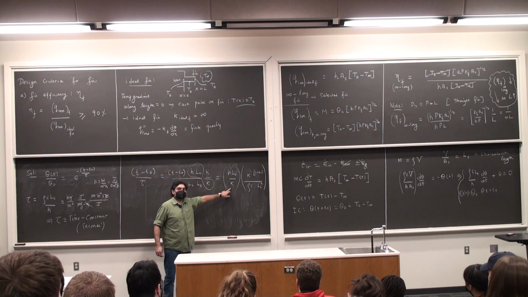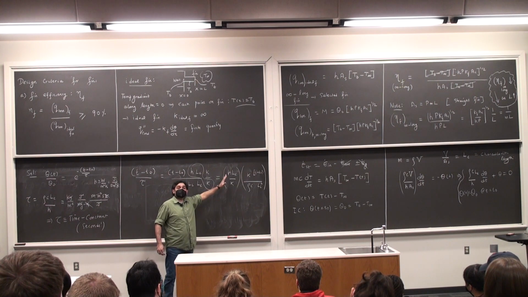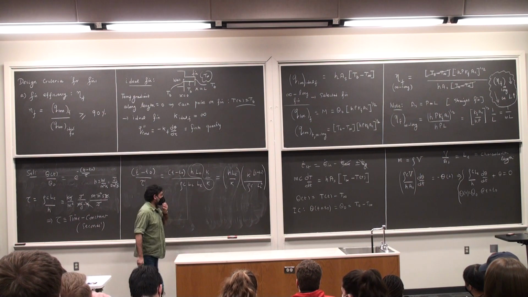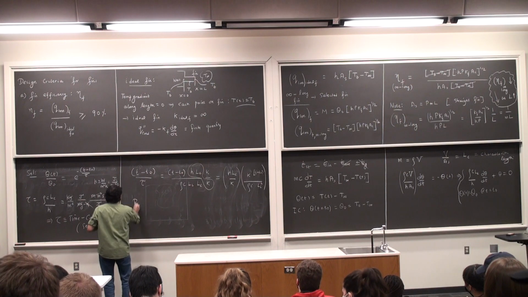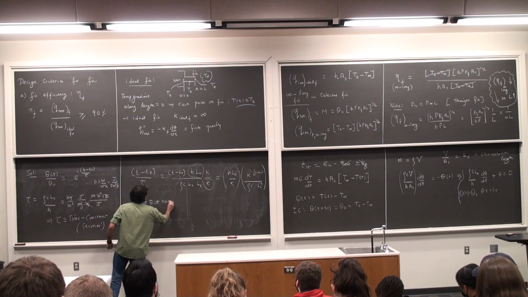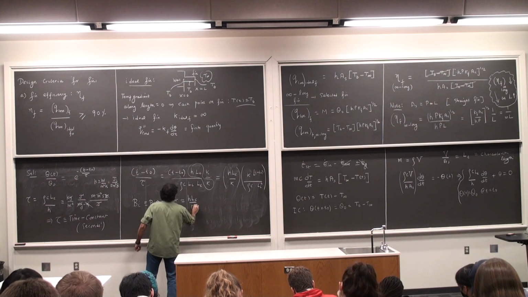You could do frequency analysis in thermal systems, but I'm not interested in that. The criterion that you use is the Biot criterion. Okay, so this first number is called a Biot number, which is h Lc by k.